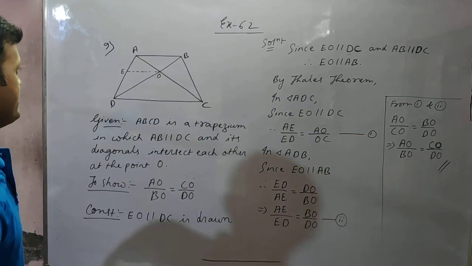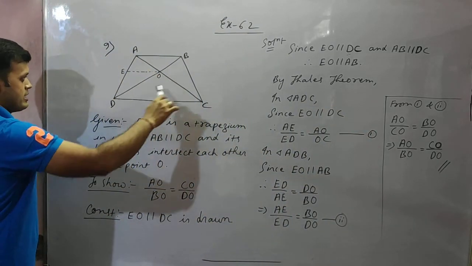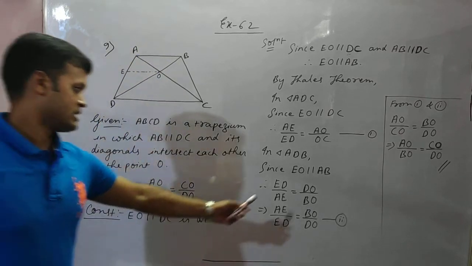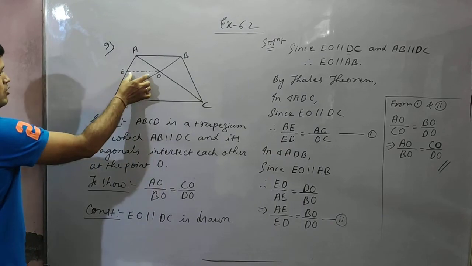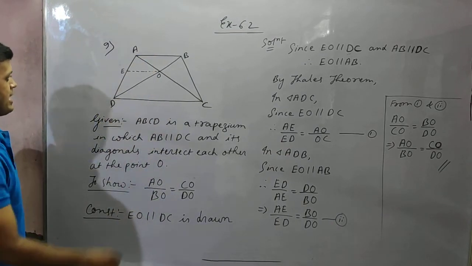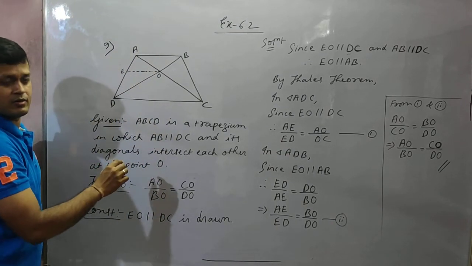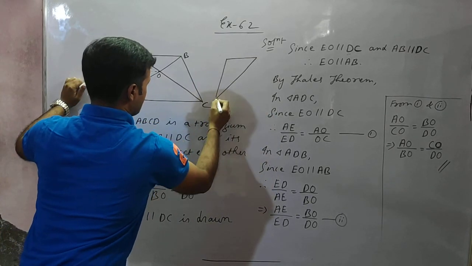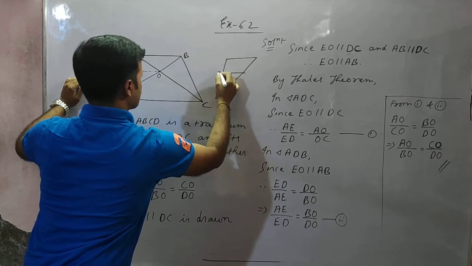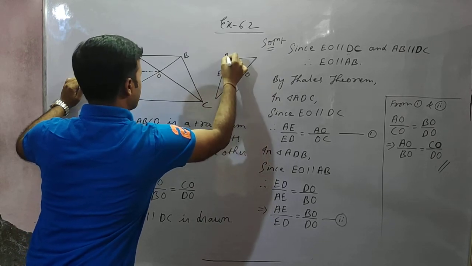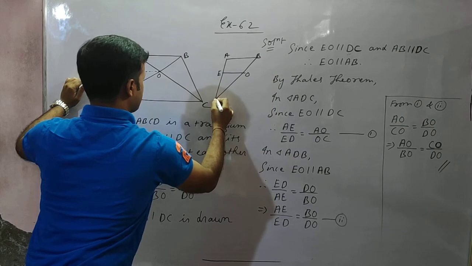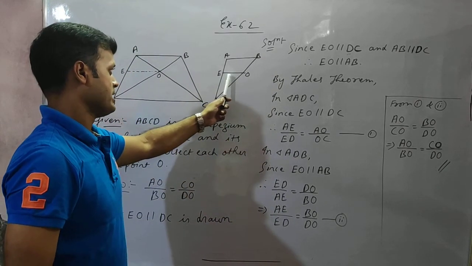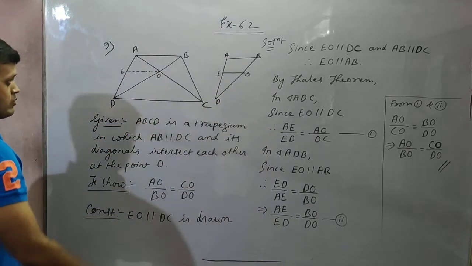And in triangle ADB, if EO is parallel to AB, then what can we write?